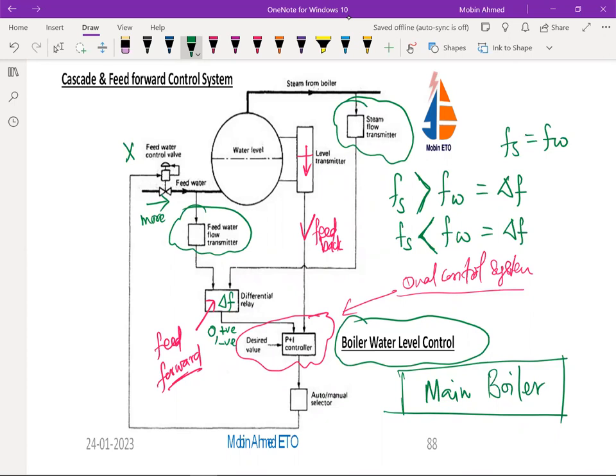Plus it is feedback plus feed forward. It is known as dual control because it has the feedback plus feed forward control system. Both controls are there, and that's why it is known as cascade or dual control.